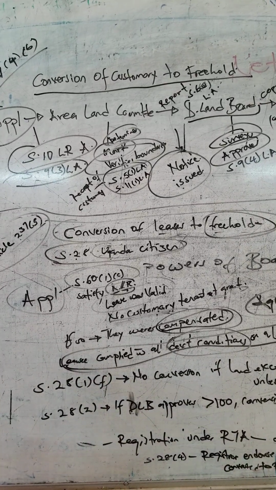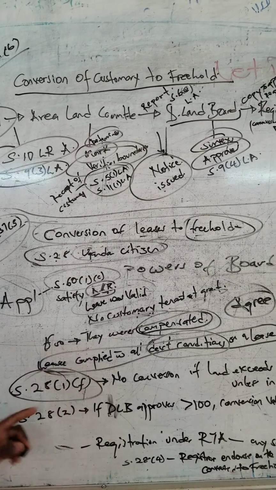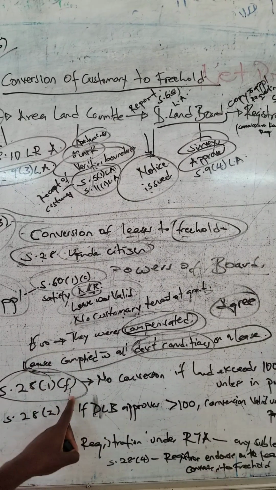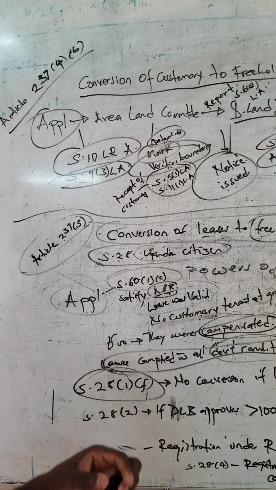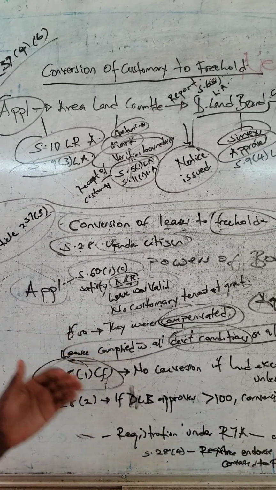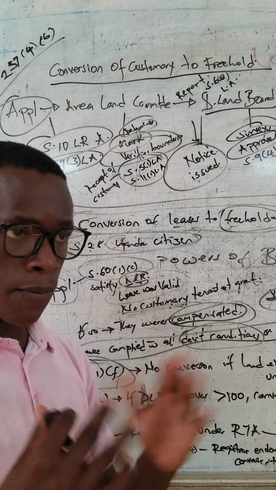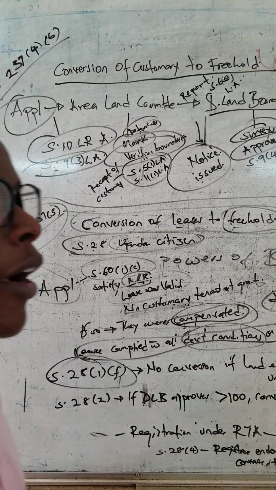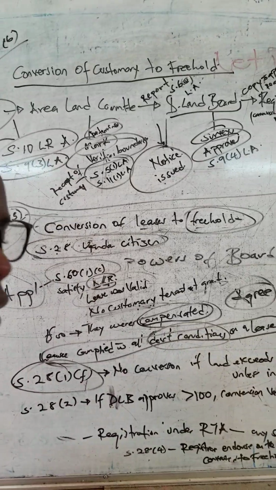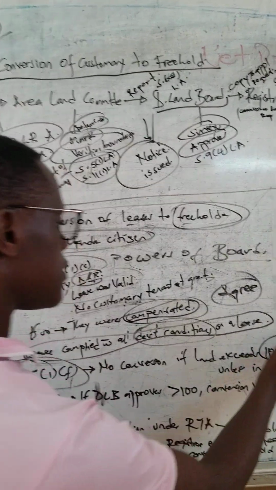And also, when you go to section 28, subsection 1(f) of the Land Act, what they put in mind is that there cannot be conversion if the land exceeds 100 hectares.